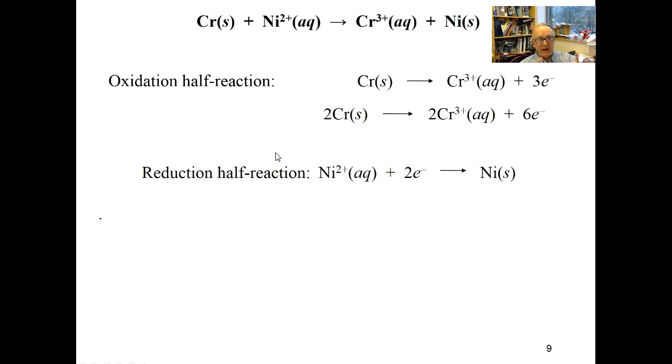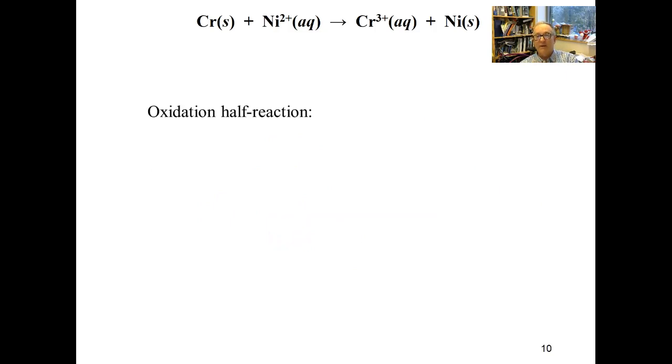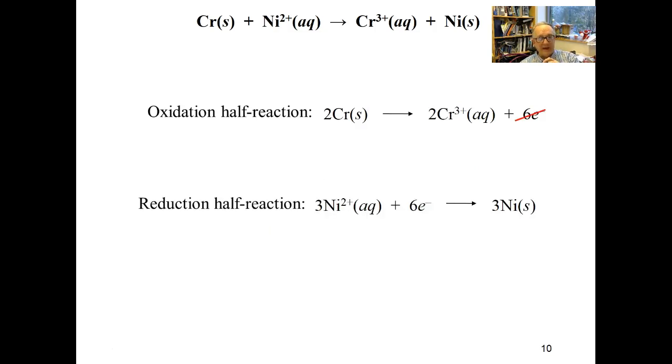Now our reduction half reaction from the other slide, nickel 2+ plus 2 electrons makes nickel solid. We will multiply this one by 3. So now we've got 3 nickel 2+ plus 6 electrons gives us 3 nickel solid. And so we can cancel out those 6 electrons from both of those.